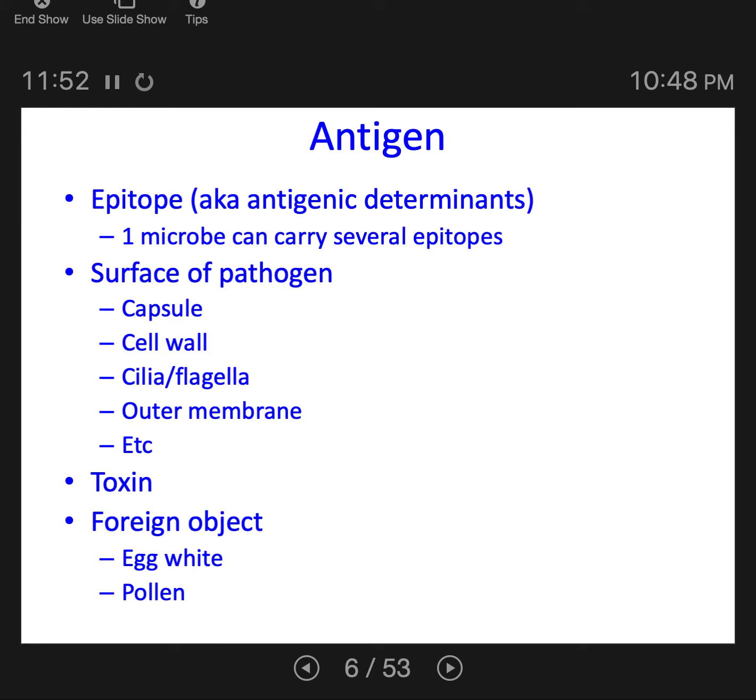So those toxins are what you're generating antibodies against, and that toxin is considered an antigen, even though it's not attached to the bacteria. Other things that can be considered antigens are egg whites, pollen. These are things that in some people generate an allergic reaction. So even though they're not actually pathogenic, we consider them antigens because they can cause certain people to generate antibodies, to generate an immune response.